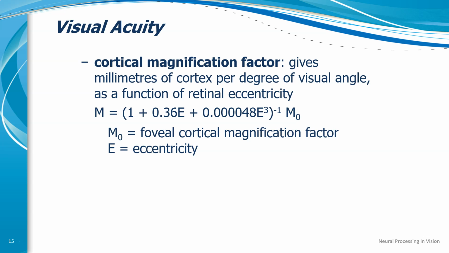Now, if you do work out all the numbers and everything, what it tells us is this. The fovea, at an eccentricity of 0, has a proportionally huge amount of brain tissue in the visual cortex devoted to it. Remember, the size of the fovea is very, very small, but it has, again, a disproportionately huge amount of brain tissue and brain cells devoted to processing that incoming information.